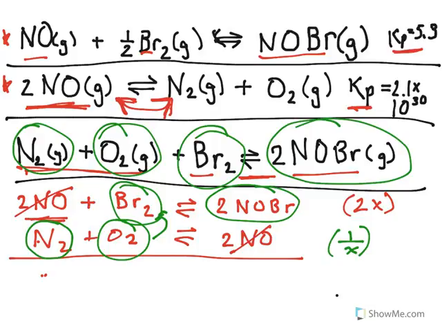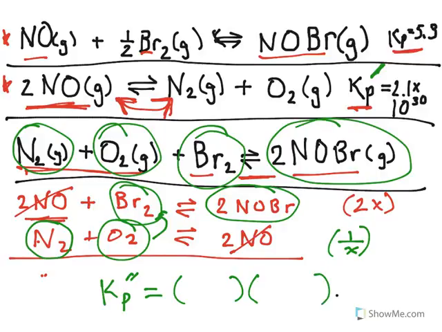So Kp, our new equilibrium constant, we'll call that Kp double prime, actually, and we'll call Kp the second one over here single prime, and that's equal to you multiply both of them and what you did to them.